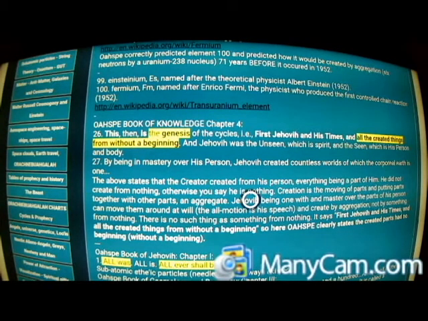That's why Jehovah uses a vortex to create matter, planets, stars, galaxies, because the circular motion of a vortex moves parts and puts parts together. Jehovah, being one with and master over the parts of his person, can move them around at will. All motion is his speech, it says in Oahspe, and creates by aggregation, not by something from nothing.